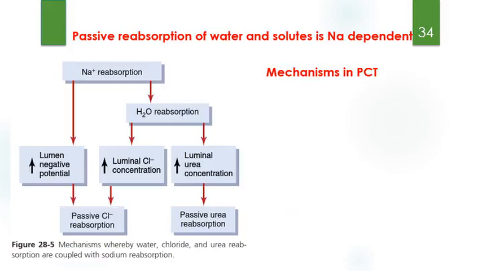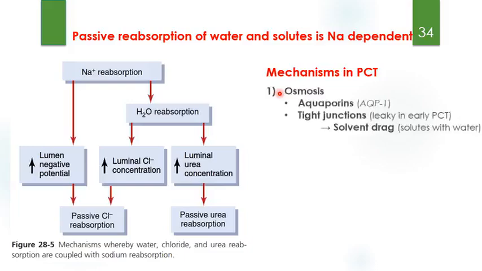Let's see how reabsorption of water and other solutes is dependent on sodium reabsorption in the proximal tubule. After active reabsorption of sodium and its accumulation in the interstitial fluid, the osmolarity of the interstitial fluid will increase, but in the luminal fluid, the osmolarity will decrease.